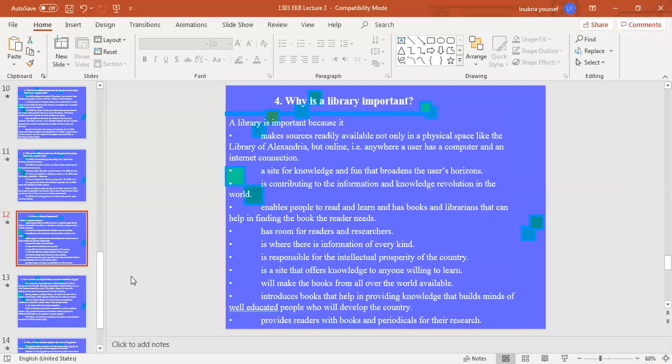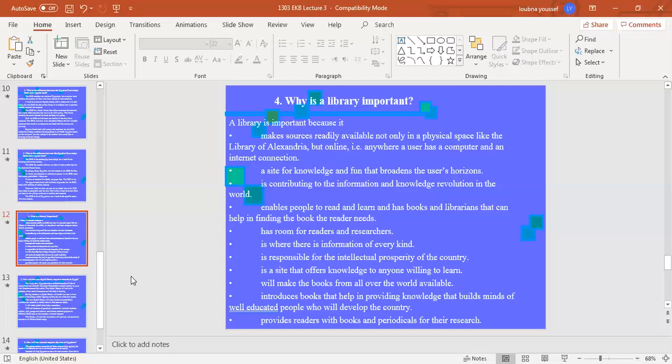Now, this is one point that is not on the slide, but I want you to be aware that when there is a war and a country is trying to control another, one of the first places that are generally attacked are libraries, because any colonizer, أي مستعمر, any colonizer knows that the library will enrich the minds of the people.